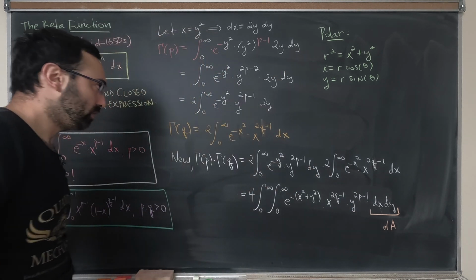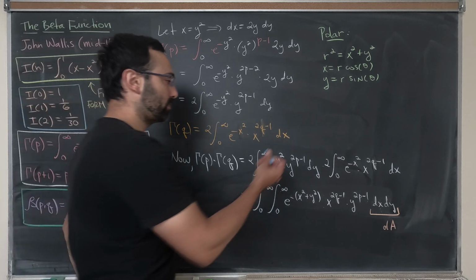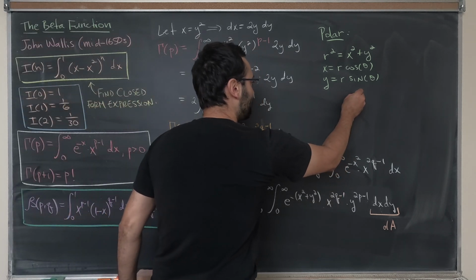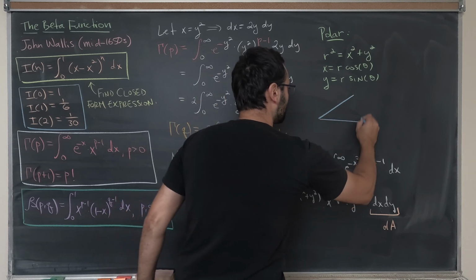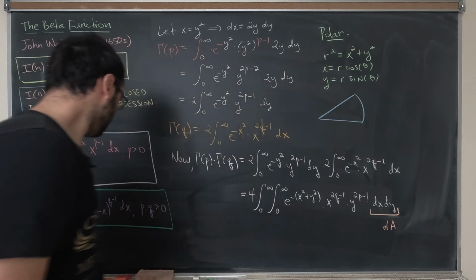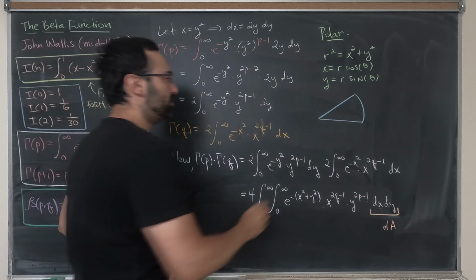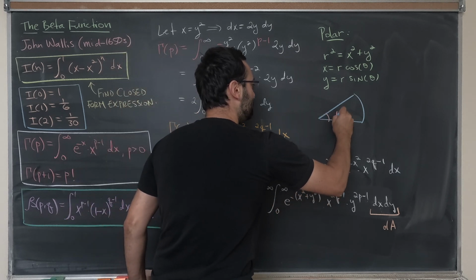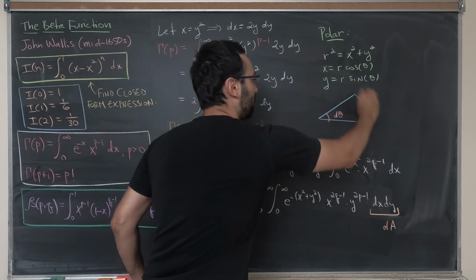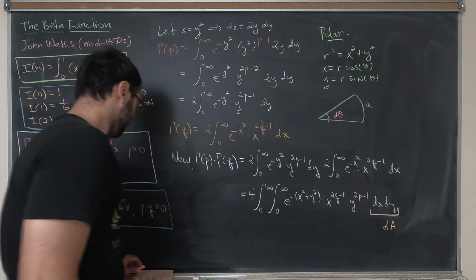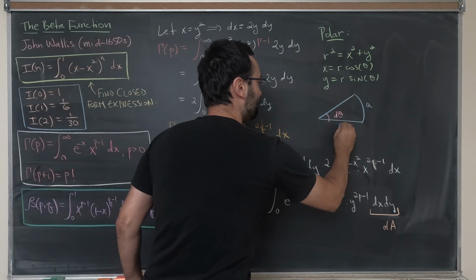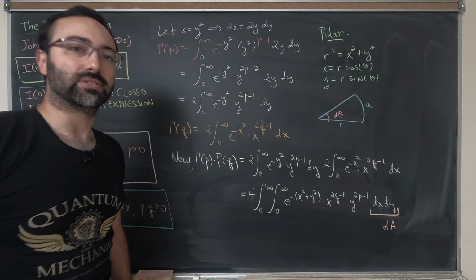Well, let's take a look at a sector in polar coordinates where we have this angle as d theta, this arc length as a, and this side length is r, the radius of the sector.